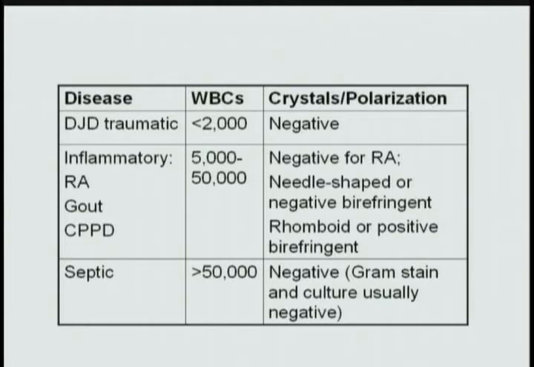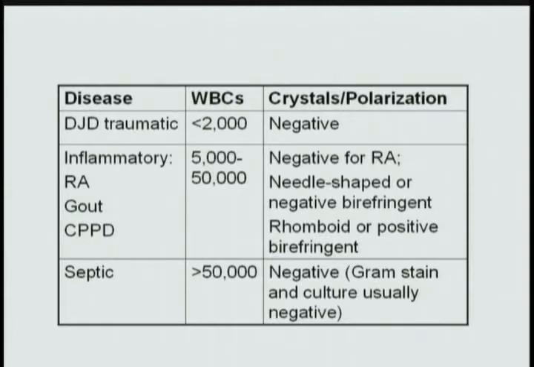If I find between 5,000 and 50,000 white cells, then I start to think about inflammatory processes like rheumatoid arthritis, lupus, and then the most important thing, because remember, the most important thing here is evaluating people with monoarthritis. That's the differential diagnosis that you could get into trouble with: gout and pseudo-gout. CPPD, calcium pyrophosphate deposition, is pseudo-gout.